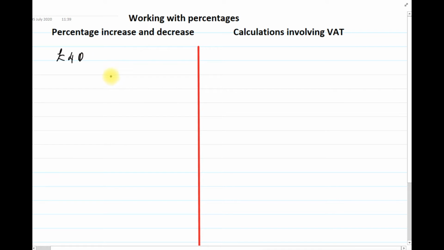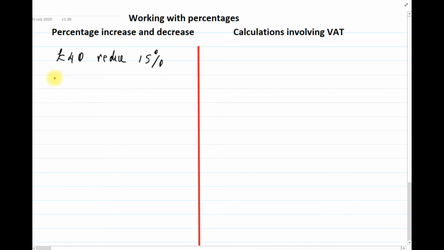We want to put the item in sale, we want to reduce the price by 15%. So basically what we're trying to do is work out what is 15% of 40 and take it away from the price.